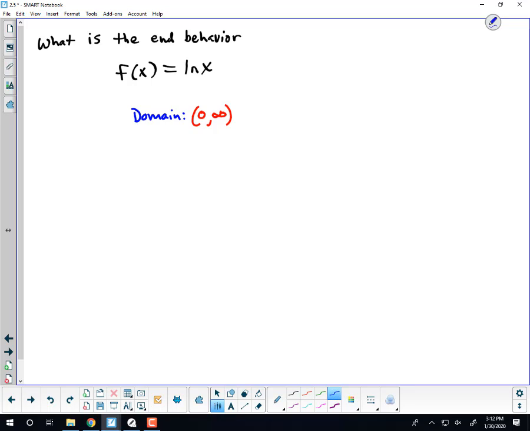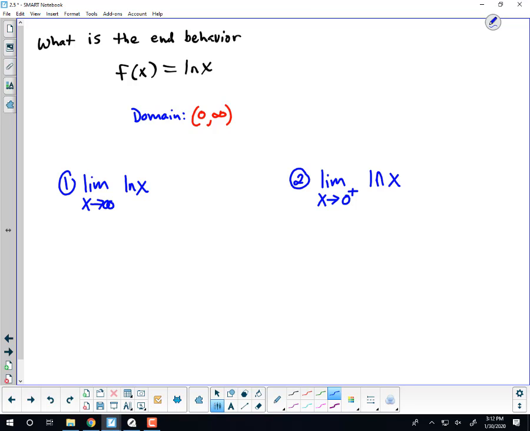So end behavior 1 is the limit at infinity on the natural log. What's the other end behavior? The limit as x approaches what? 0. More specifically though, can we approach 0 from both sides? No, from the right. So this has to be the limit as x approaches 0 from the right of ln of x. So there are our end behaviors for the natural log of x.